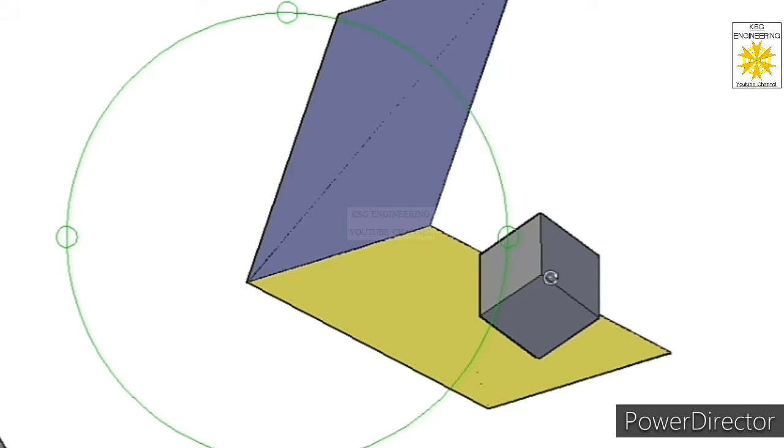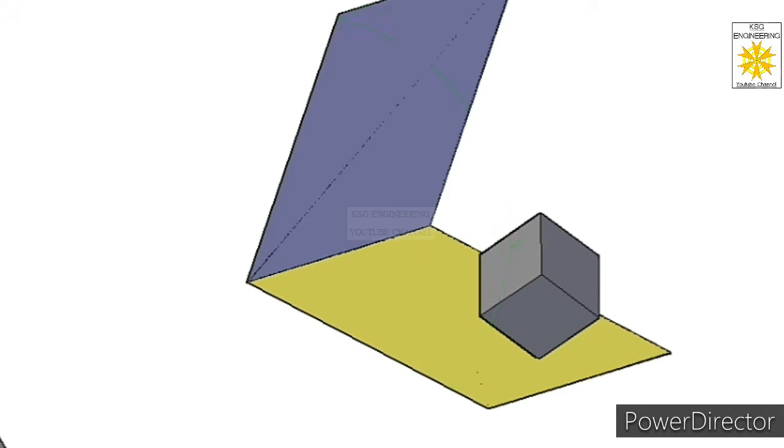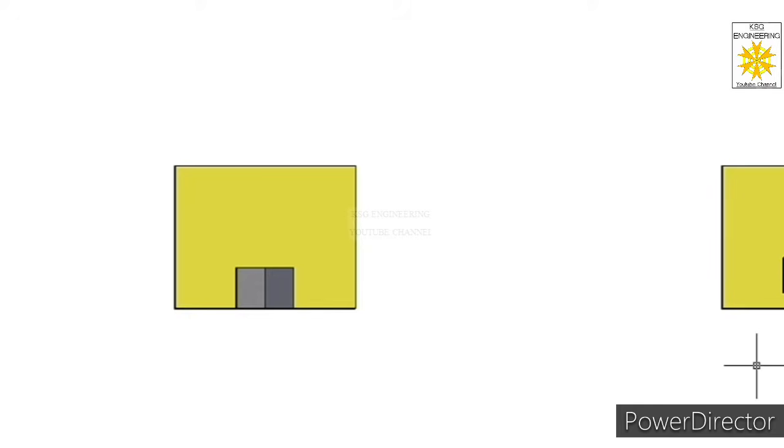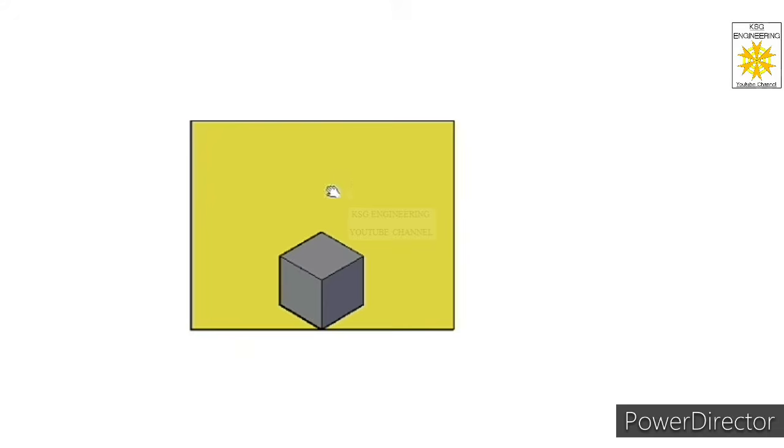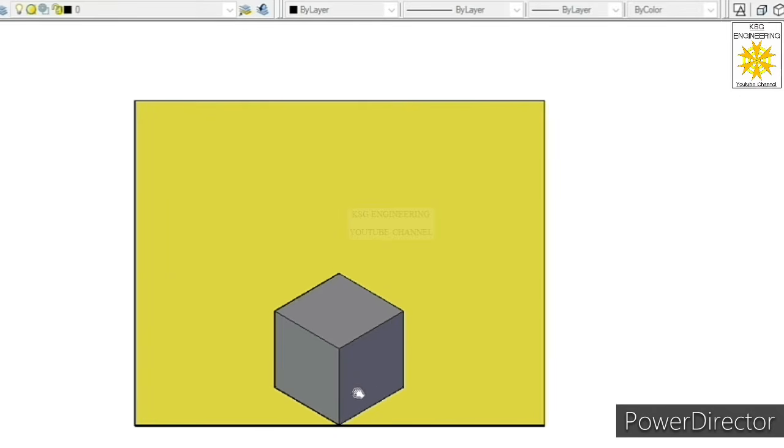So when we look at the cube at this position from front, we will see this face. You can see over here we will see this projection from the front. In this projection we will see three principal faces of the cube, and this is called the isometric projection of the cube.